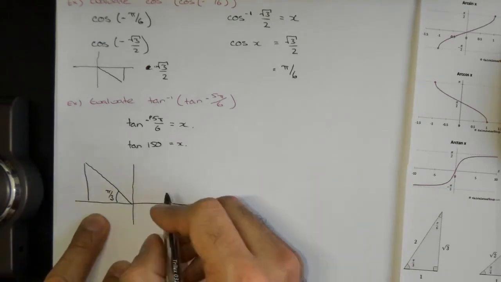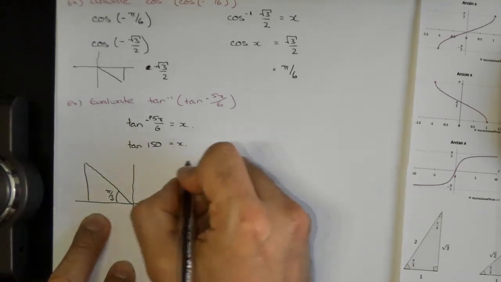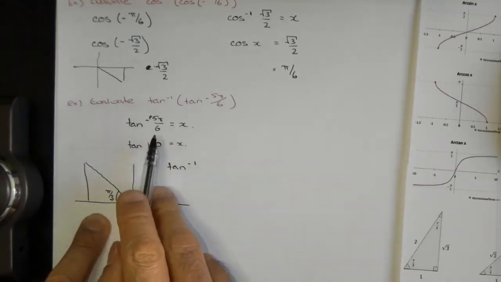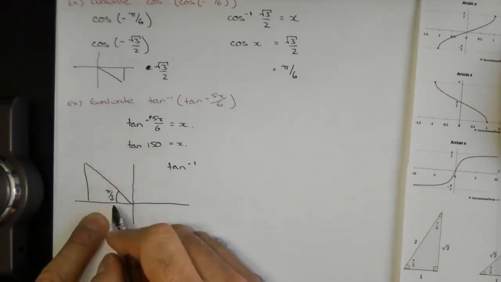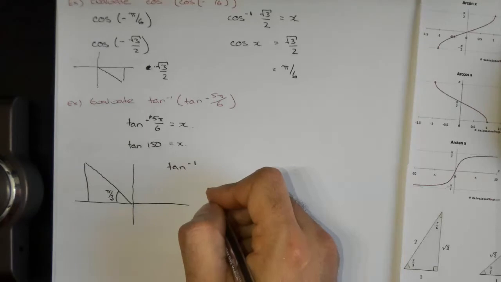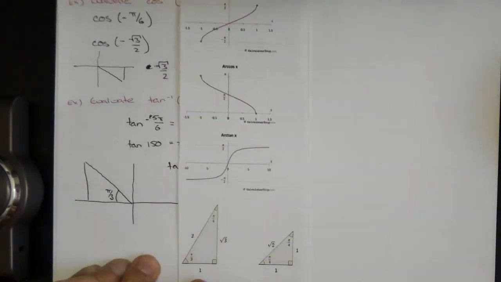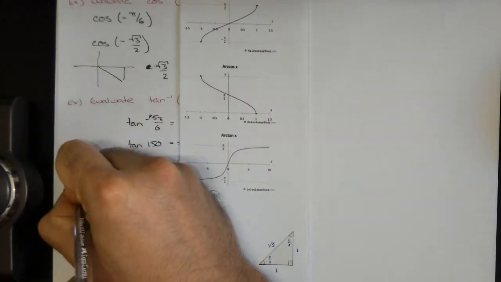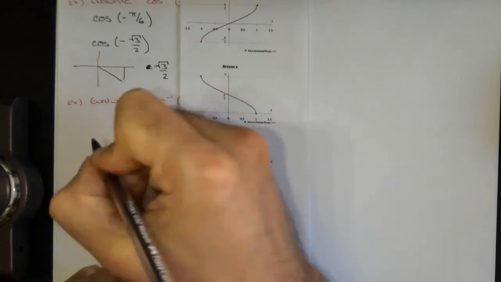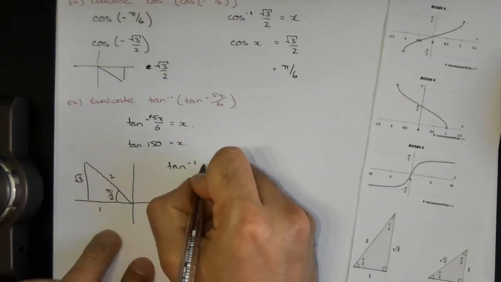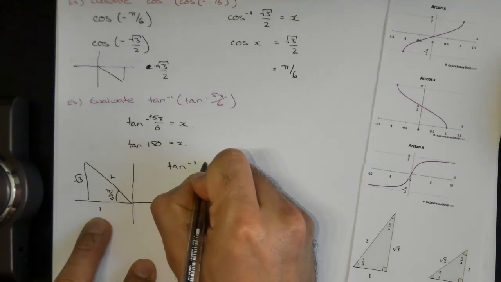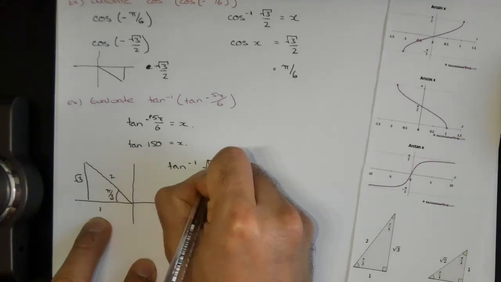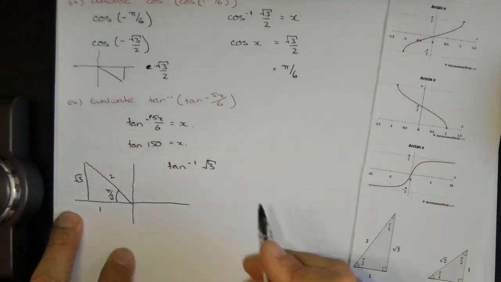Okay, and we want to evaluate basically inverse tan of tan of pi on 3, and the pi on 3 currently, looking at my pi on 3, I've got 1 and square root 3. So the tan is square root 3, opposite over adjacent.